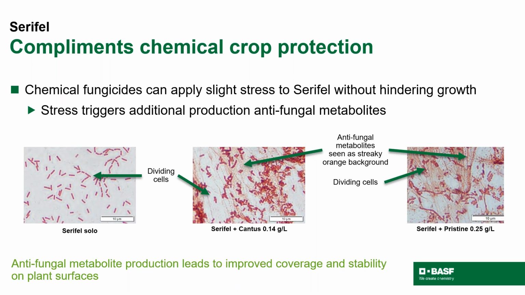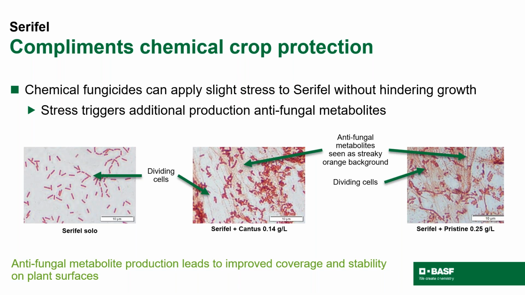So in these pictures, it kind of shows what's happening. On the left-hand side, the picture shows Serifel on its own. The sort of dark red lines are the spores, and then the light pinkier lines are all the metabolites.